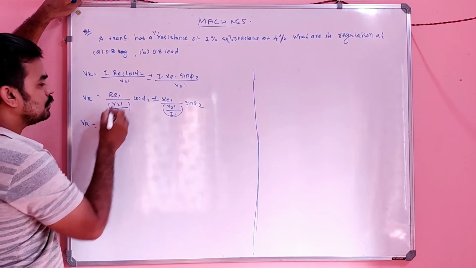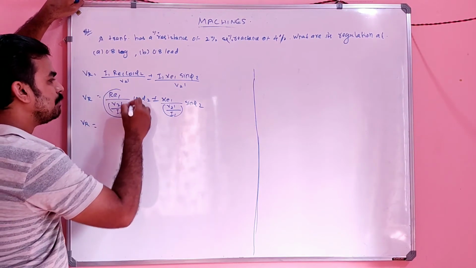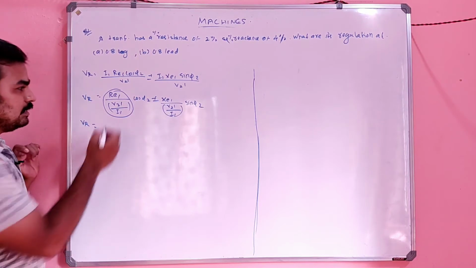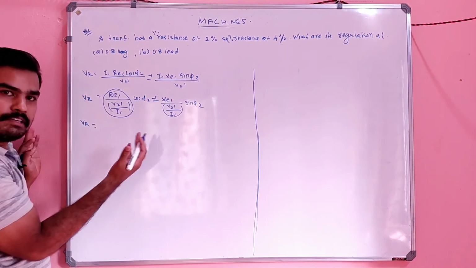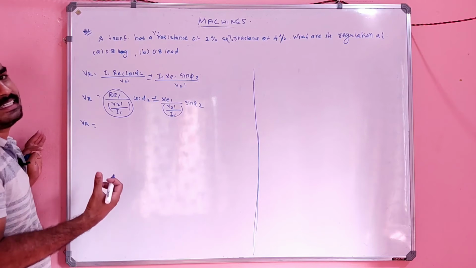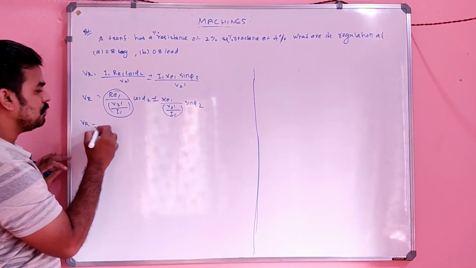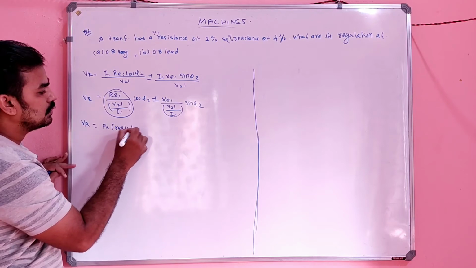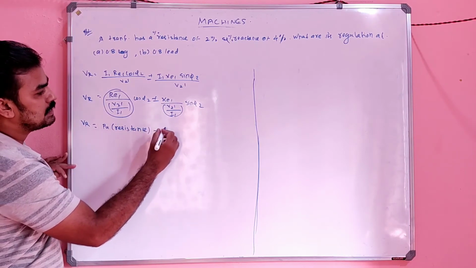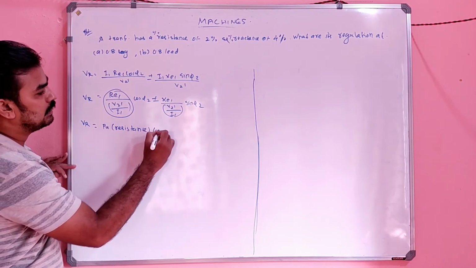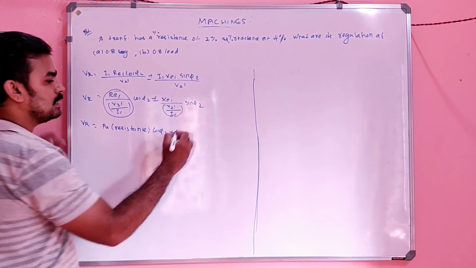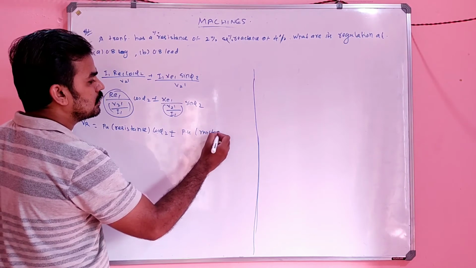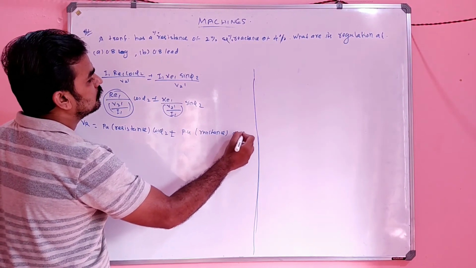So percentage resistance means RE1 by V2 dash by I1, which I already told you is nothing but Z. RE1 by Z will be the percentage resistance. So VR will be equal to per unit resistance into cos phi plus or minus per unit reactance into sin phi 2.